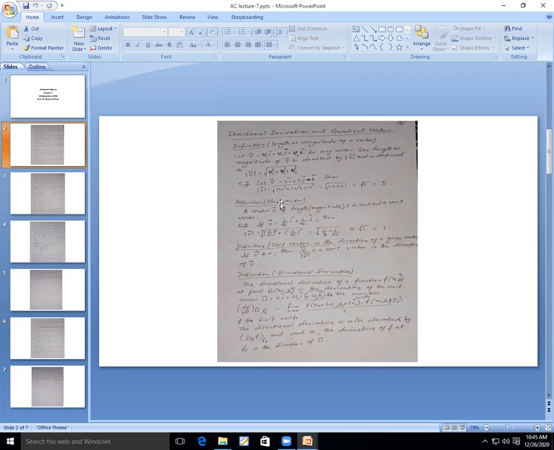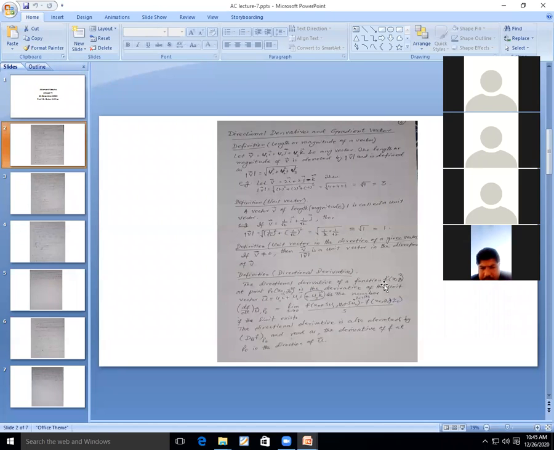Now, with this background, we come to the definition of directional derivative. By definition, the directional derivative of a function f in 3 variables x, y, z at a point P(x naught, y naught, z naught) is the derivative in the direction of the unit vector u.